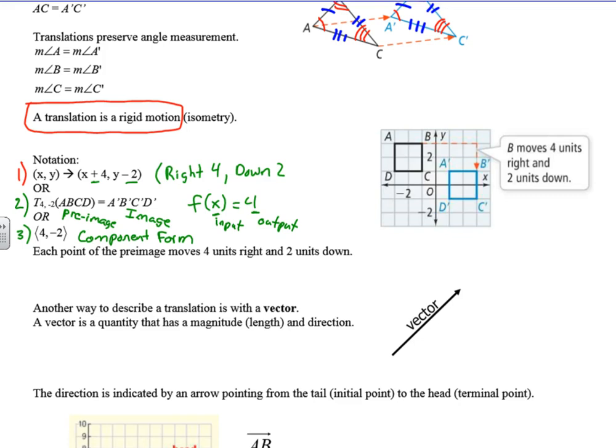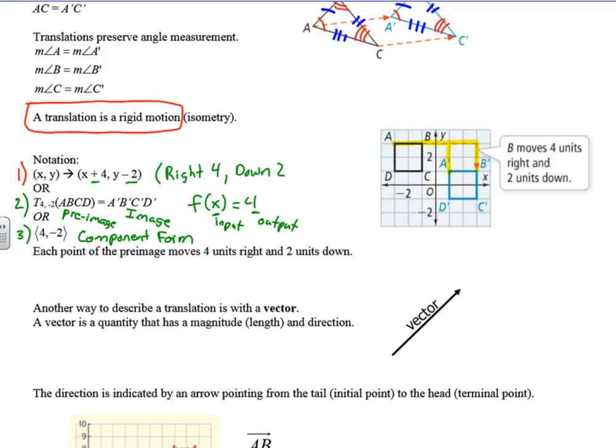Each point of the pre-image moves 4 units to the right and 2 units down. If you look at this diagram, what's happening to B? It's going right 4, down 2. A prime is going right 4, down 2, excuse me.